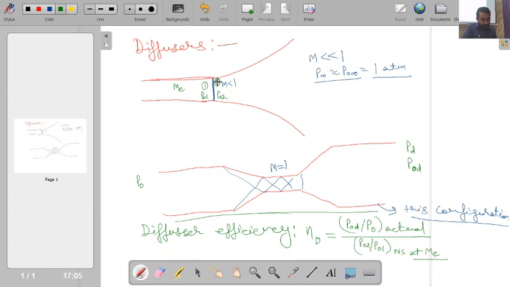It means that we must find in the majority of cases that my diffuser efficiency should be less than 1 or greater than 1.